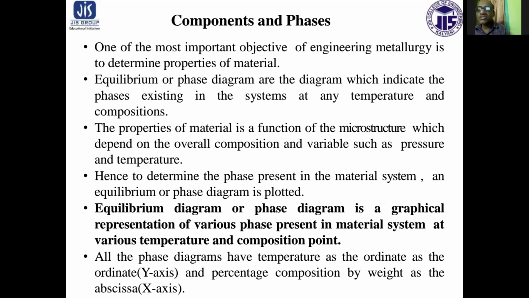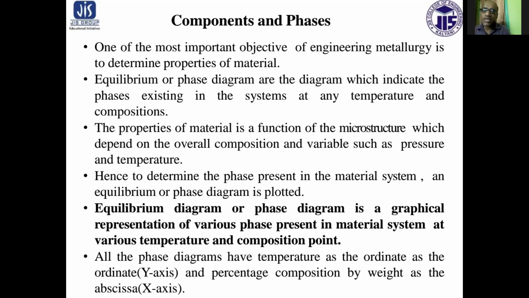So this equilibrium diagram or phase diagram is one of the most important objectives of engineering metallurgy, that is to determine the properties of materials. Now, the equilibrium or phase diagram indicates the phases in the system at any temperature and concentrations, and the properties of a material are a function of microstructure, which depends on overall composition and variables such as pressure and temperature.